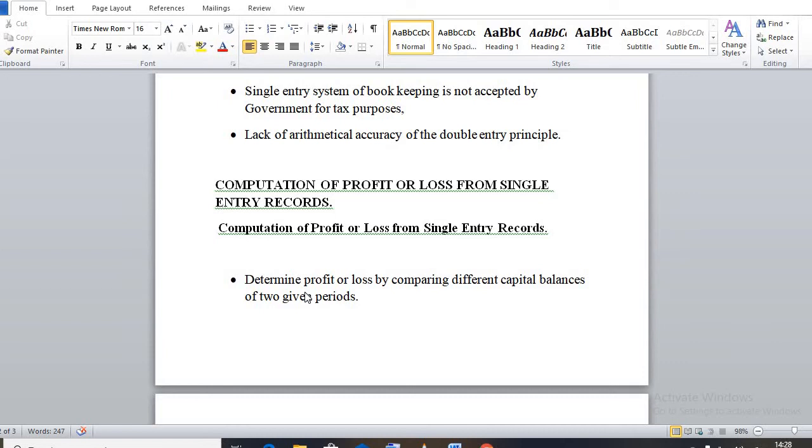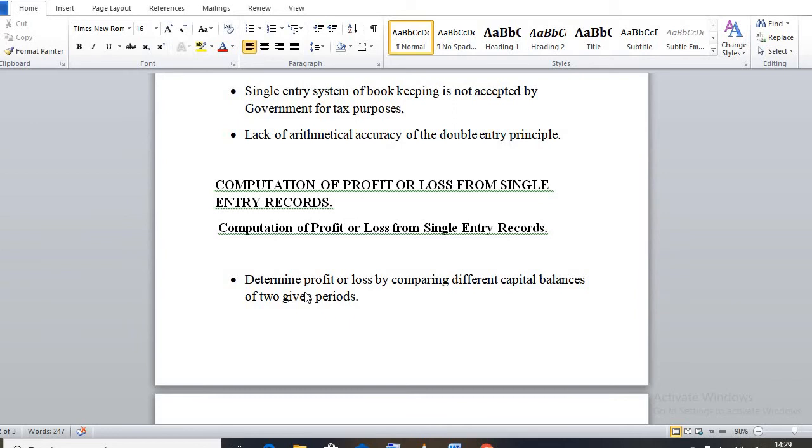So if we started a business of, let's say, 5,000 cedis as the beginning balance, we have to compare it to the closing balance of that capital to know whether indeed there has been an increase in capital or not. If you compare the two balances and you know that the closing balance is more than the opening balance, it means we've made profits at the end of the period.